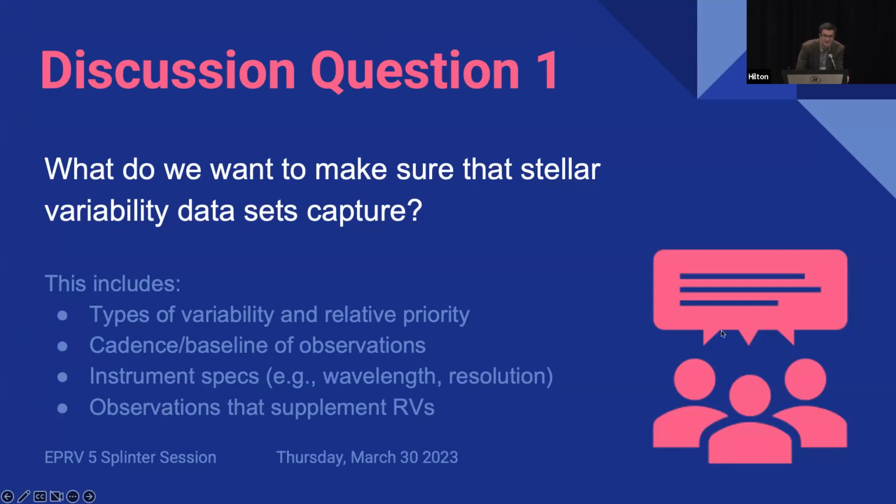This includes what types of variability and their relative priorities. It can include things about cadence or baseline of observations, anything from instrument specs to observations that support RVs like photometry, interferometry, and things like that. So go ahead and discuss. We will set a 10-minute timer. Thank you.